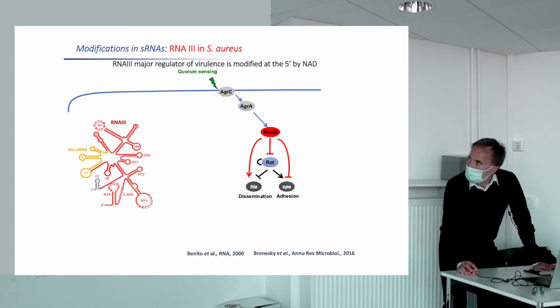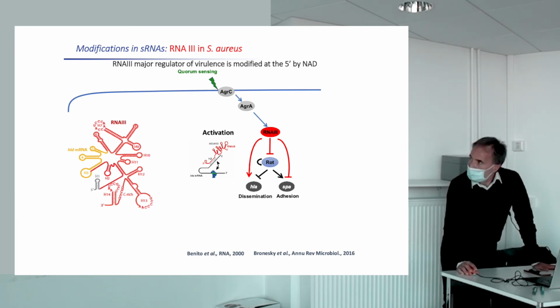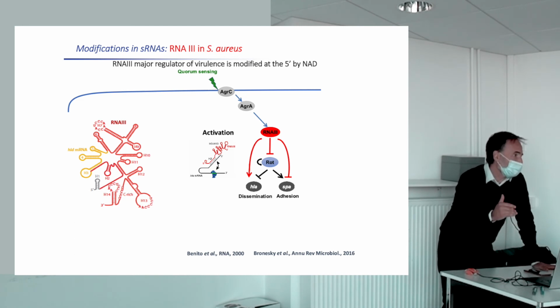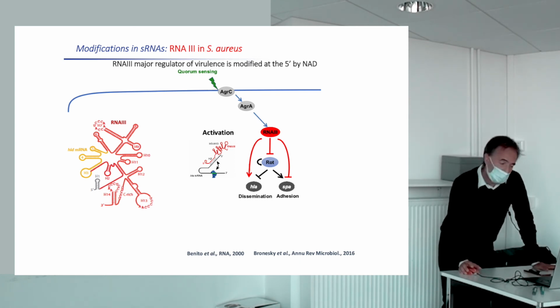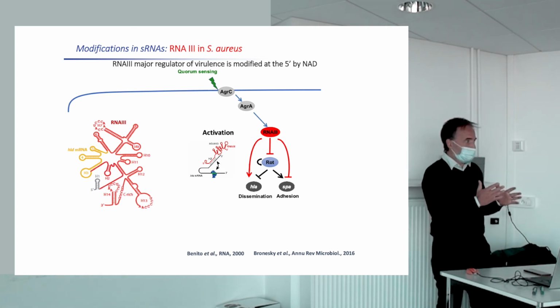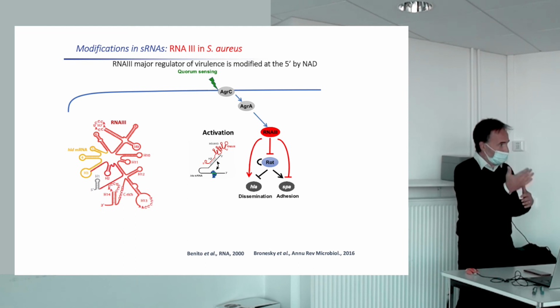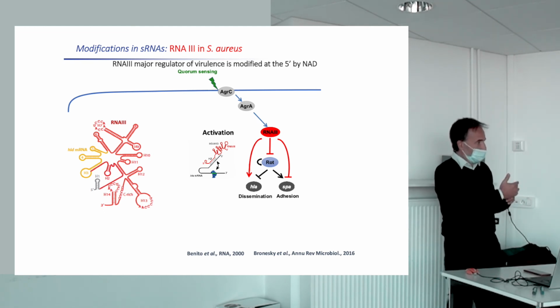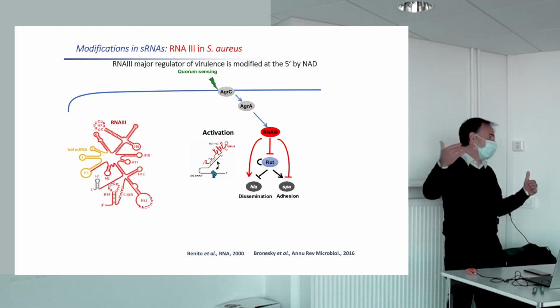Okay, how is it doing that? This is a classical small RNA regulation mechanism in bacteria. So basically, the target is usually the translation process. In this case, it is activating Hla because the Hla messenger RNA has a structure that inhibits translation. But RNAIII can bind to the 5' region of this messenger RNA, change the conformation of this messenger RNA, and allow the binding of the ribosome.